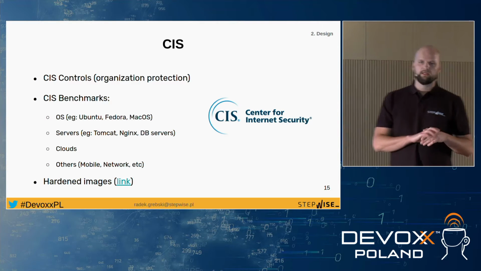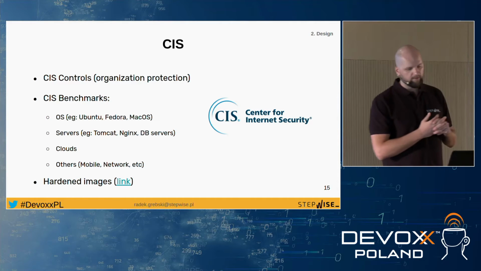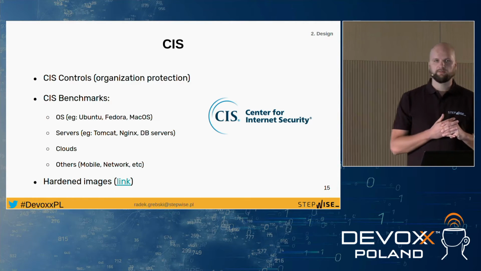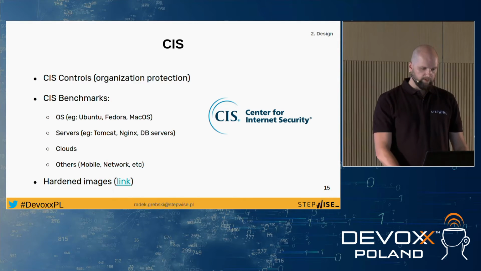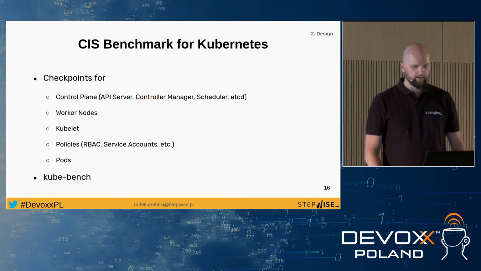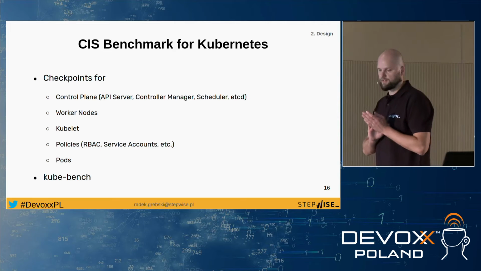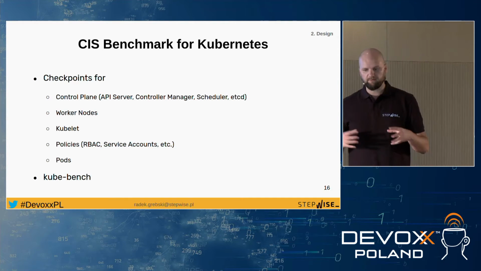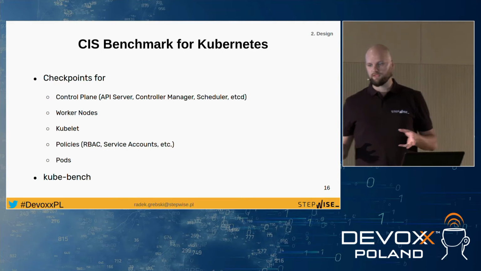Those are mostly virtual machine images for different clouds, but they also have hardened Docker images for AWS. So, for example, one interesting benchmark is for Kubernetes, where we have checkpoints for control plane, nodes, kubelet, policies in Kubernetes, or pods itself.